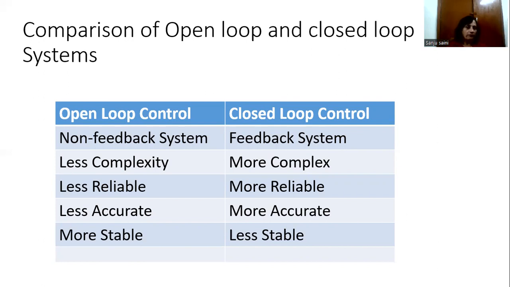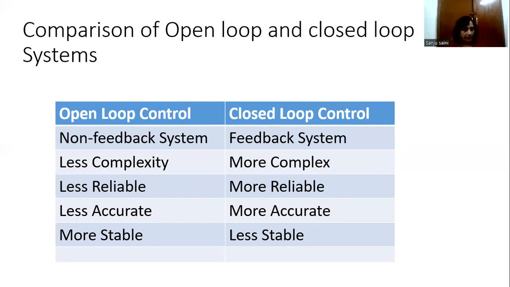Then open loop controllers are less accurate compared to closed loop systems, because there is no feedback mechanism in open loop control. In an open loop control system, if you want to get accurate output, then you have to improve the quality of the components you use to make up the system.